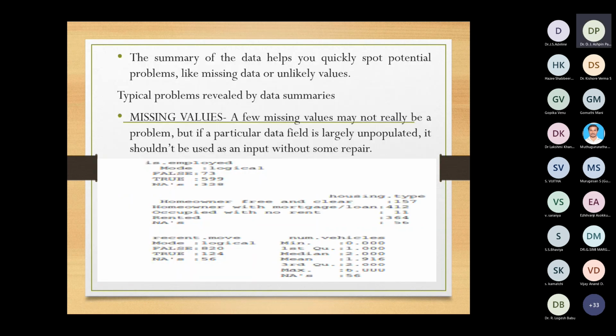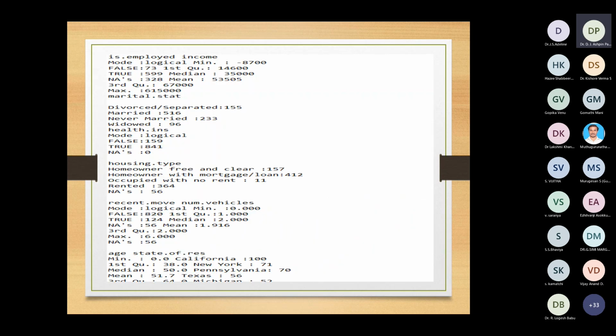And then missing values. Here you see many problems you can identify, right? Many problems, like the first one is you can identify missing values, right? Here you see this data set, is employed, income, right?